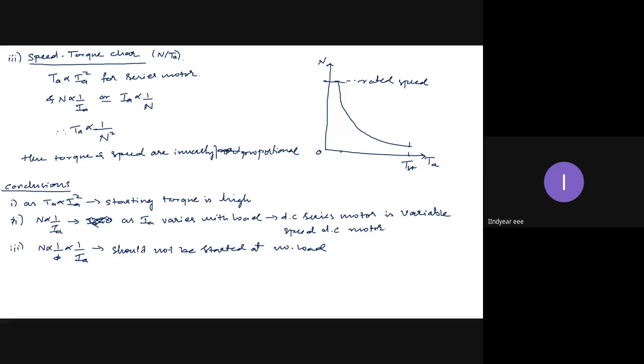It is not any arbitrary load which satisfies the requirement. The load on the DC series motor should be such that at the time of start it will limit the speed well within the safe value.